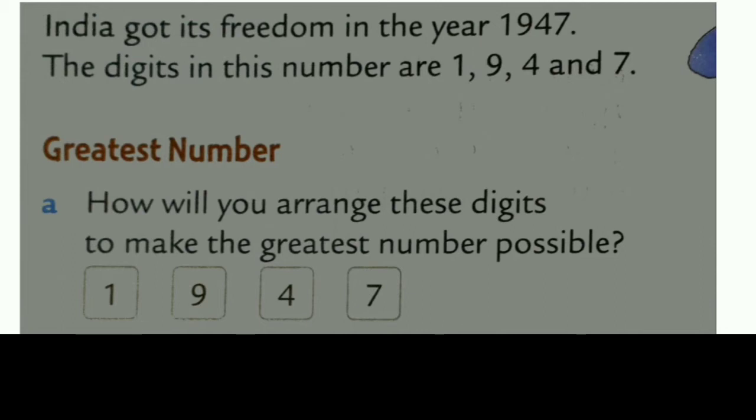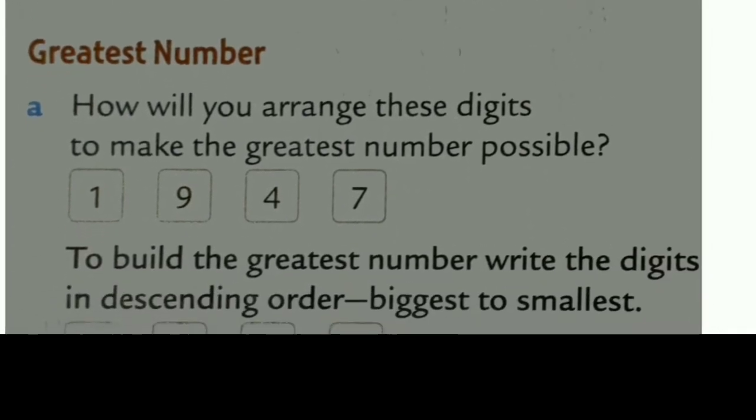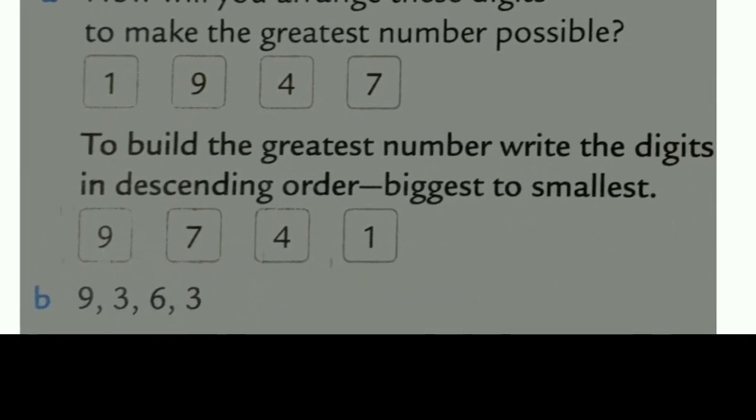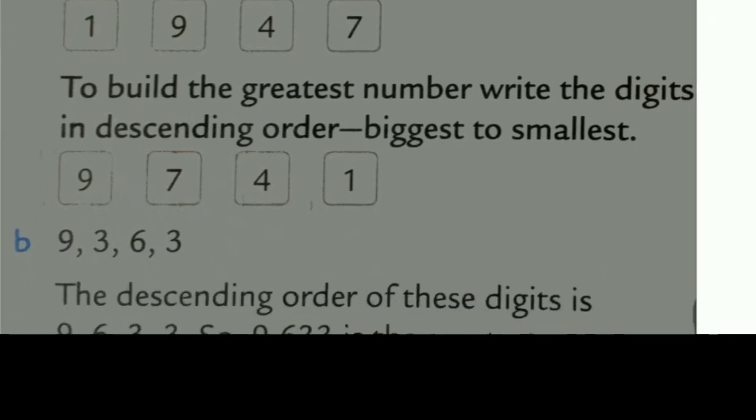How? 1, 9, 4, 7. Descending order means biggest to smallest. See, the biggest number is 9, then 7, then 4 and the last is 1. Arranged?